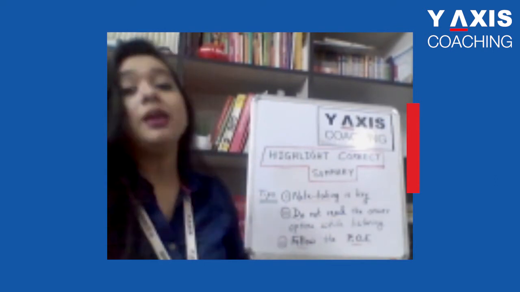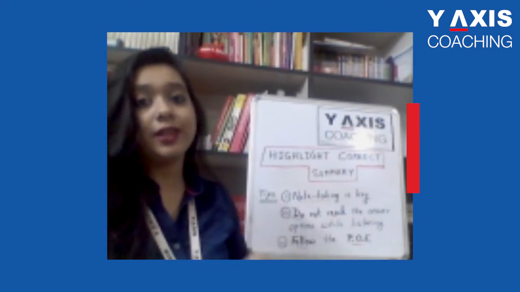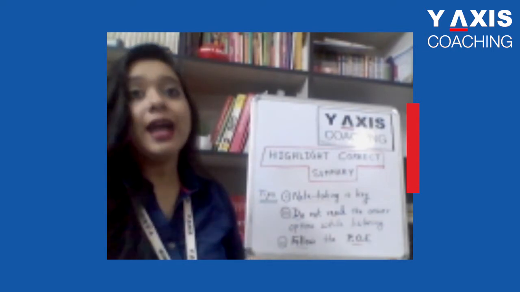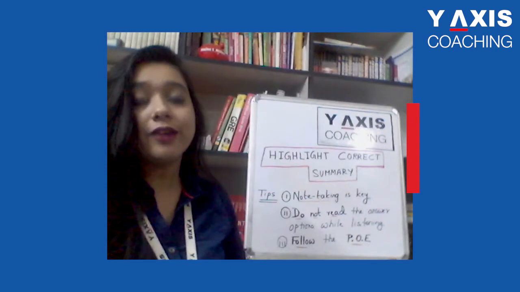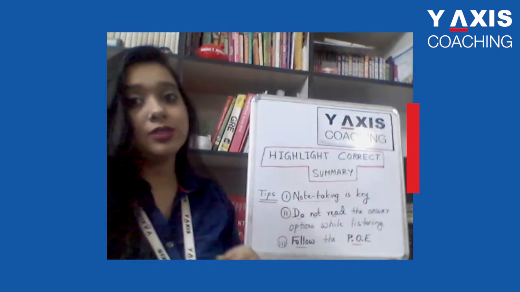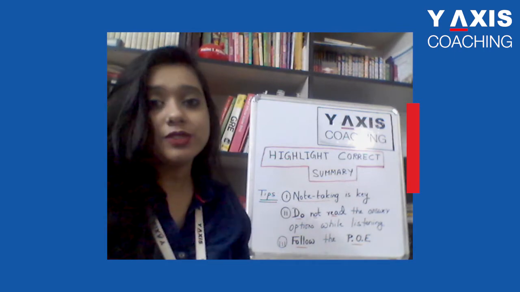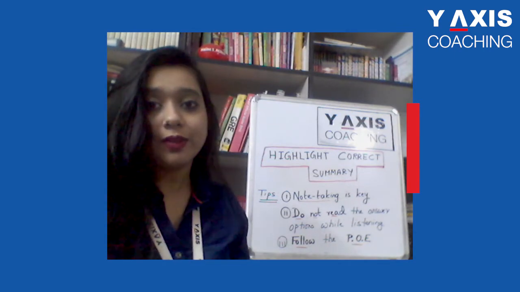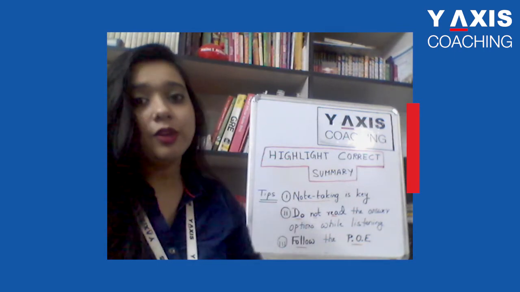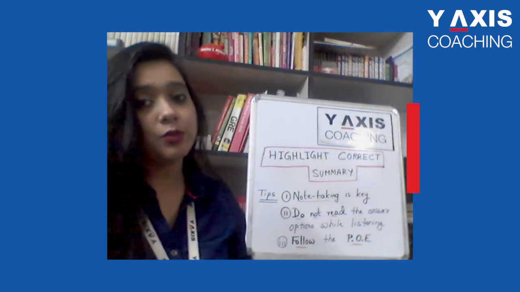For this task type, you are going to listen to a lecture, of course, and after that, you have to choose the correct summary. So how many questions will you get? 2 to 3. Highlight correct summary resembles the multiple choice questions in a big way.